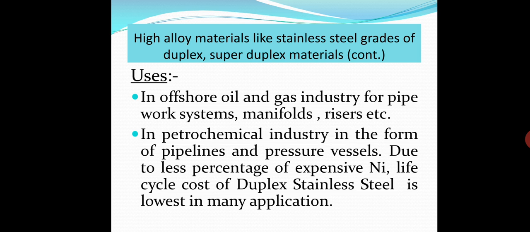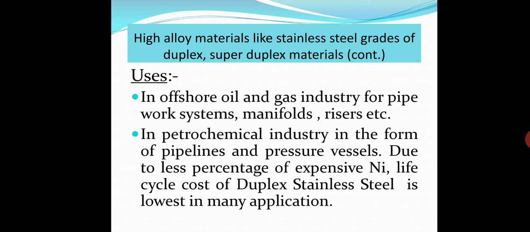So once again I am summarizing, this duplex stainless steel material is composed of high alloy steel. Because the percentage of other alloying elements is higher, it is known as high alloy stainless steel. So duplex steel has two major properties.